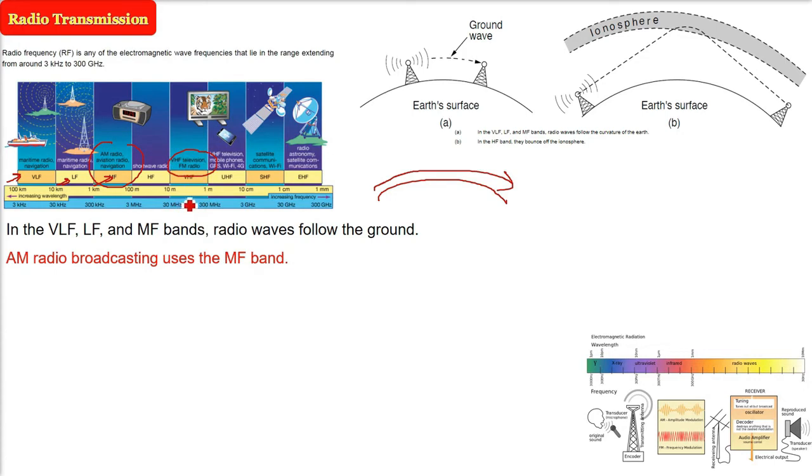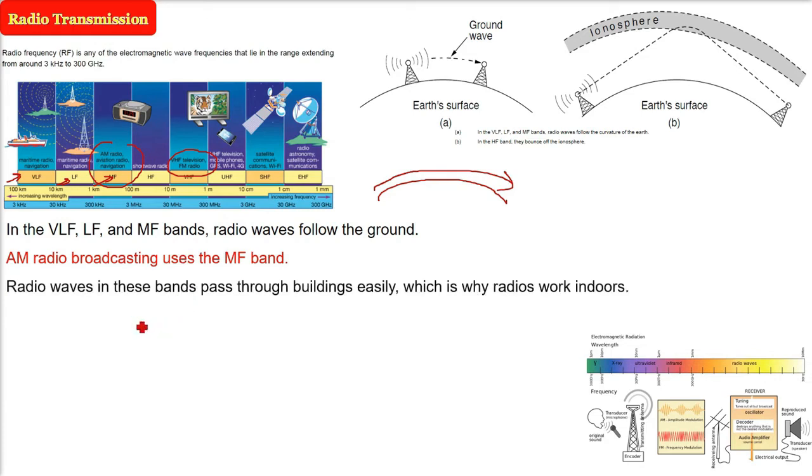This is how FM is quite clearer than AM radio transmission. Radio waves in the MF part pass through buildings quite easily. That is why inside the house also you can easily tune into your favorite radio station.